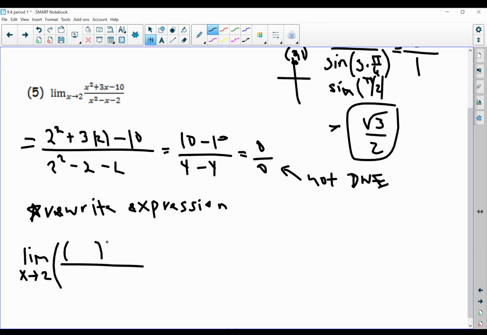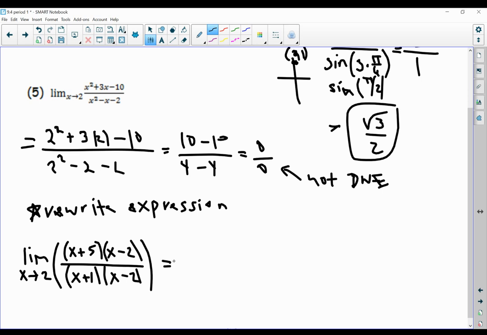So I'm going to go ahead and factor this guy into x plus 5 and x minus 2. And my denominator, I can factor that into x plus 1 and x minus 2. Okay. Now, if I write it in factored form, I can see here that I can simplify this expression.